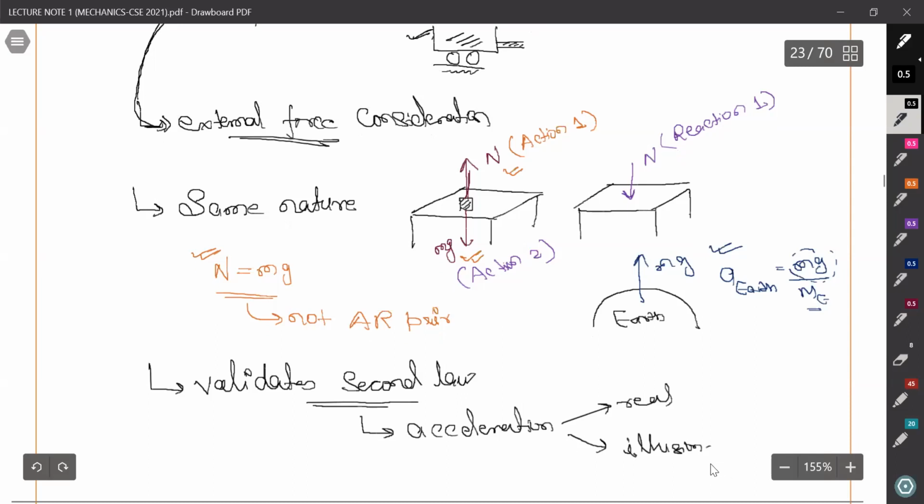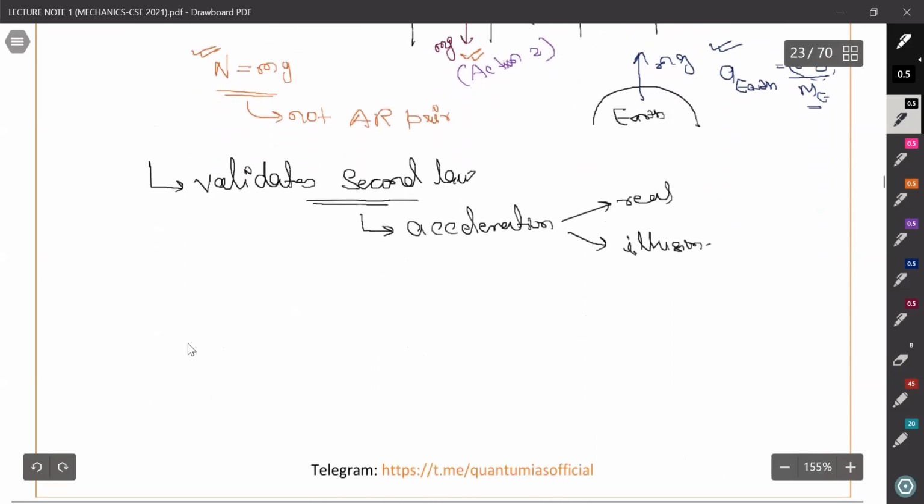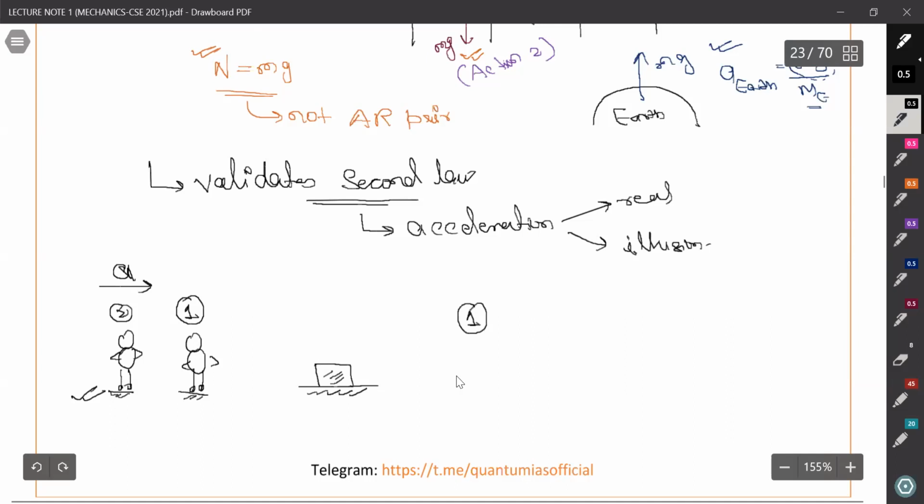Let me clear this. For example, a man is here and a block is there. This is observer number one, and the second observer is, number two observer, who is accelerating in this direction. So what will observer one observe?